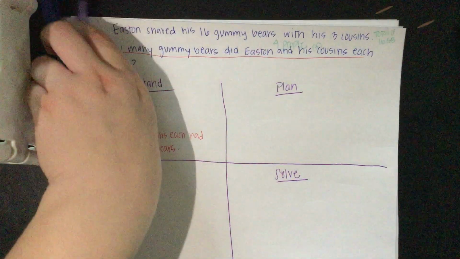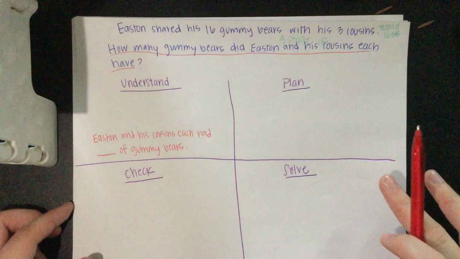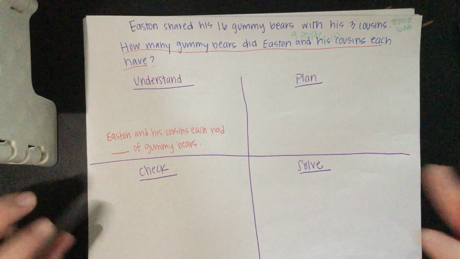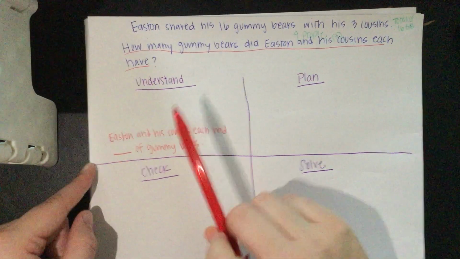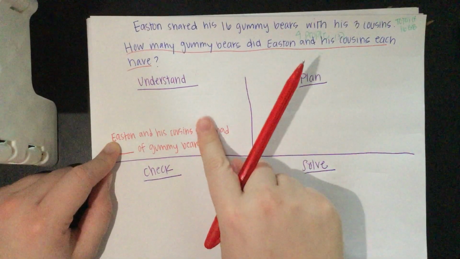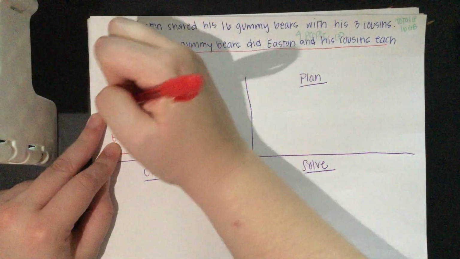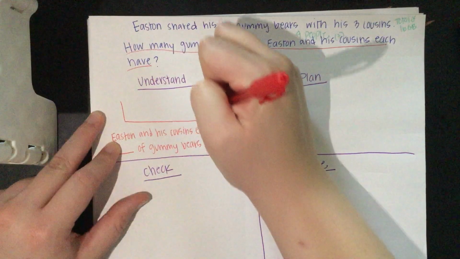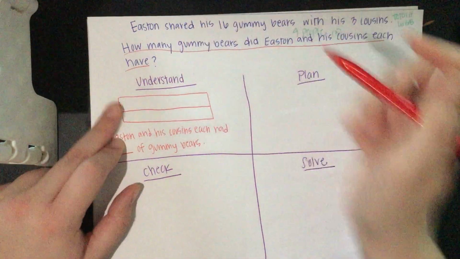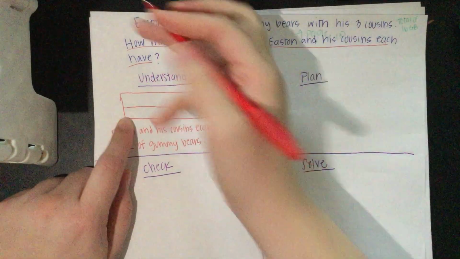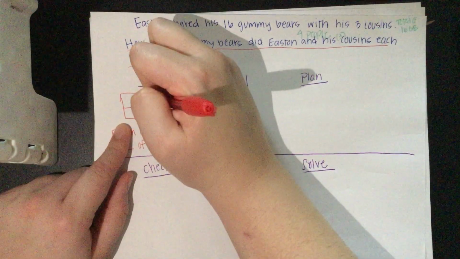So let's make our strip diagram, okay? And remember, our strip diagram goes under the understand. Okay. I have a total of 16 gummy bears.